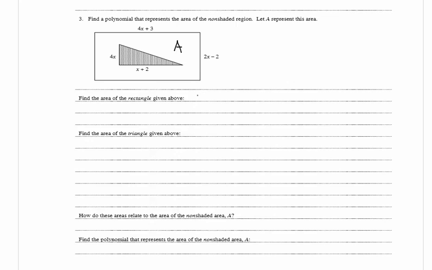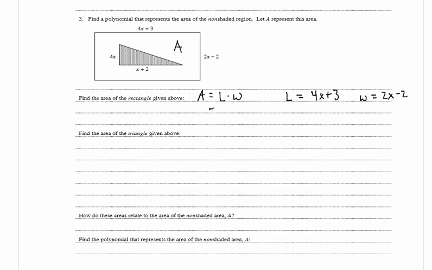An area of a rectangle is equal to length times width, and L is equal to 4x plus 3, and W is equal to 2x minus 2.